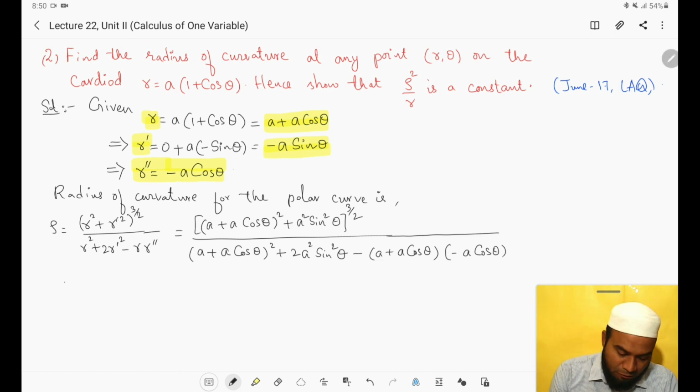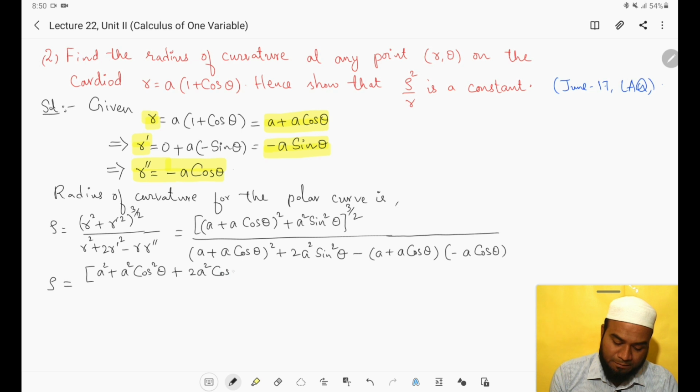So rho equals to, what we'll get in the numerator, let us expand this. This is in the form of a plus b whole square. So we get a square plus b square, which is a square cos square theta, plus the 2ab term will give you 2a square cos theta.